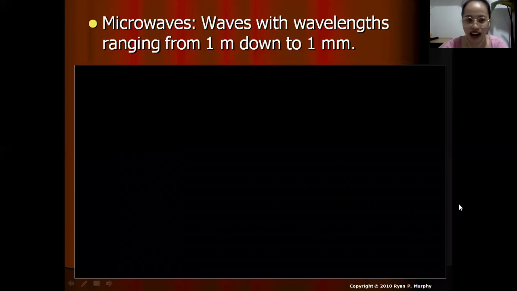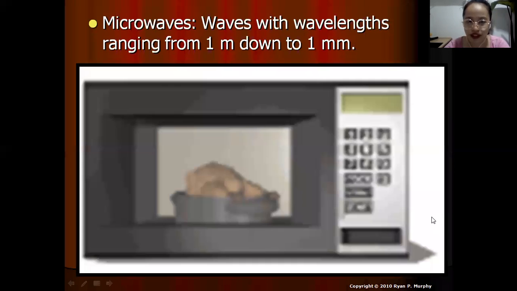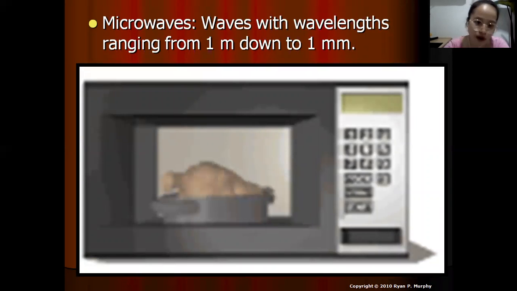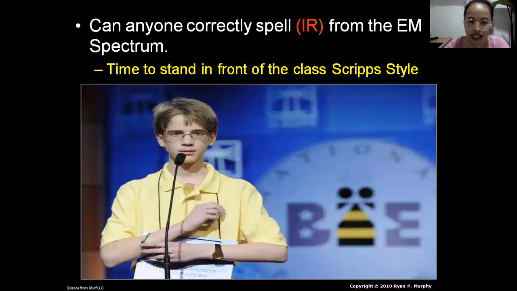And next, we have the microwaves. They are waves with wavelengths ranging from 1 meter down to 1 millimeter. Like your oven. Your oven uses microwaves. Can anyone correctly spell IR from the EM spectrum?